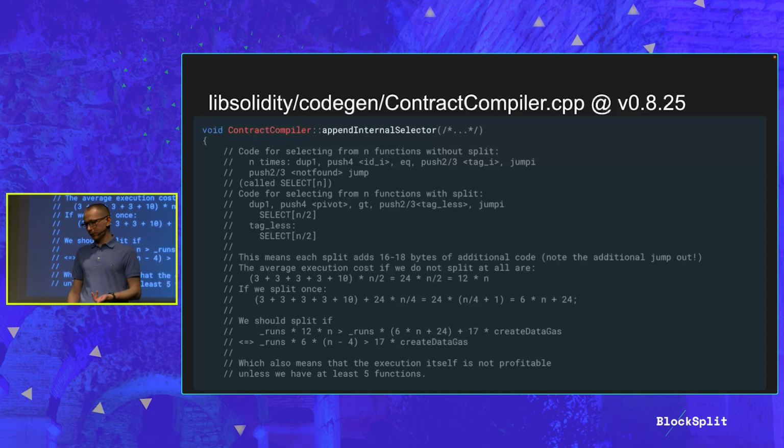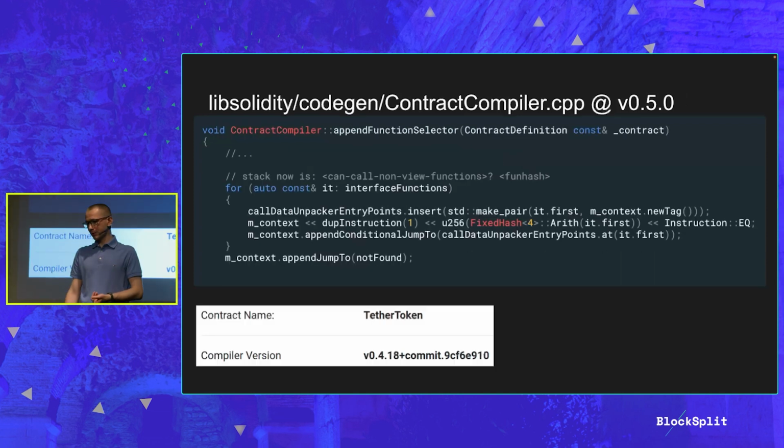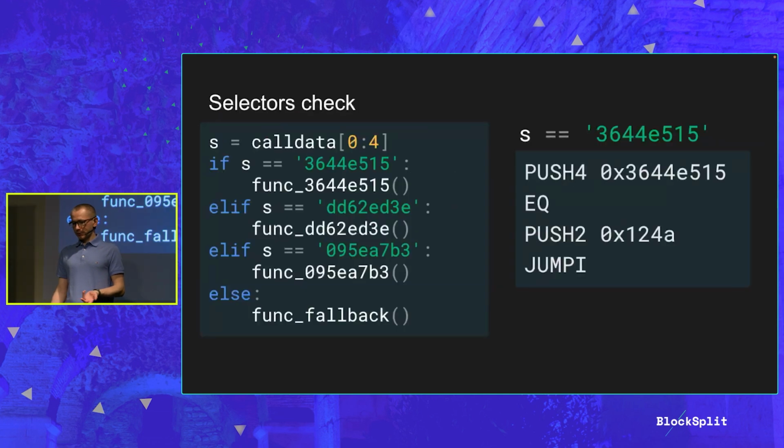It's different for different versions, like this is for the latest version, this is for some previous version, and not every deployed contract is compatible with the latest version, for obvious reasons, like USDT, which is compiled with an older version.